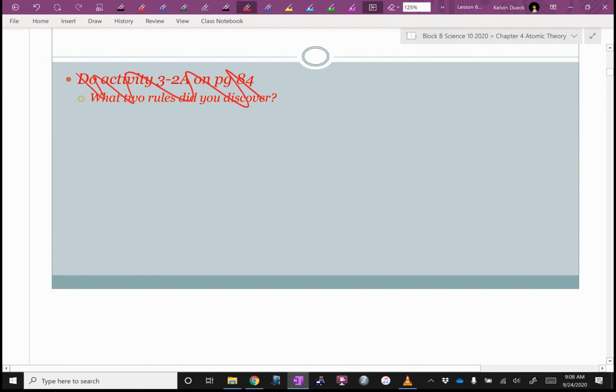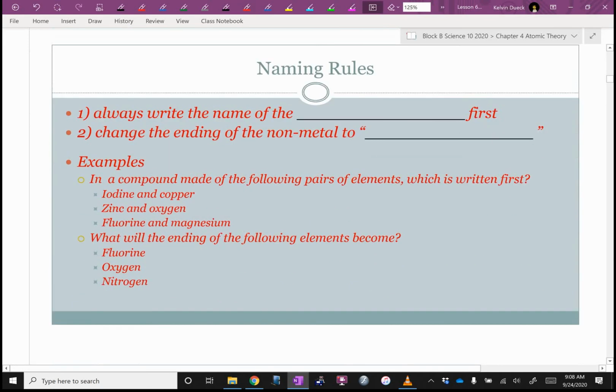We're going to skip this activity, and instead we're going to go right here to the naming rules. So, in theory, you learned something called the Iodide rule last year, but I'll teach it as though you've forgotten it. When we're naming ionic compounds, we always write the name of the metal first.